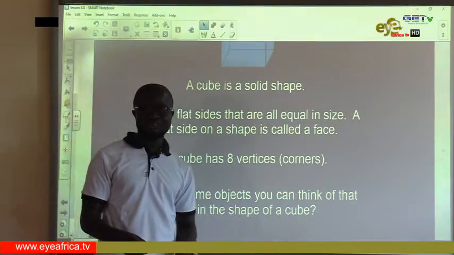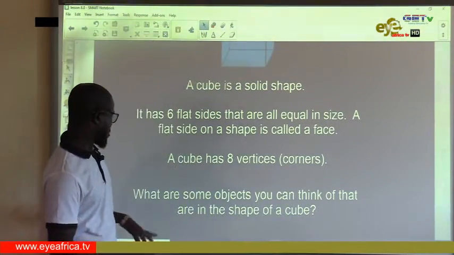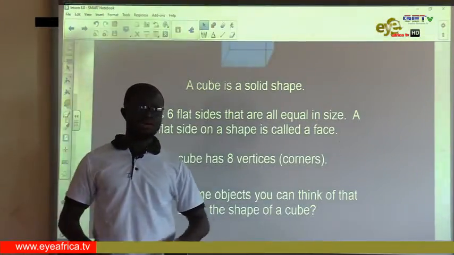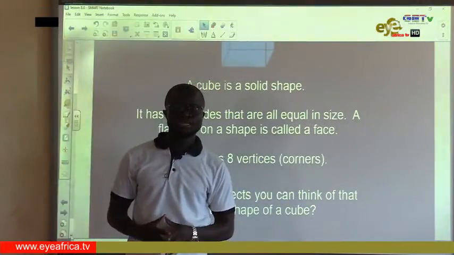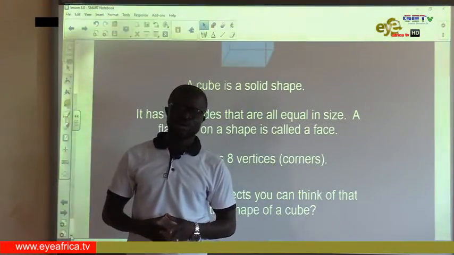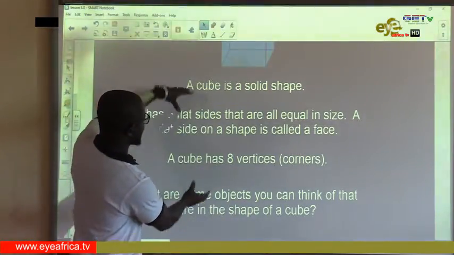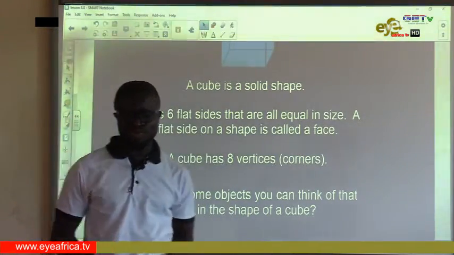We will investigate that from the object. Before we discover other objects that can be termed as cubes in our households or in our communities, can we investigate some of the properties that we have just mentioned about the cube?